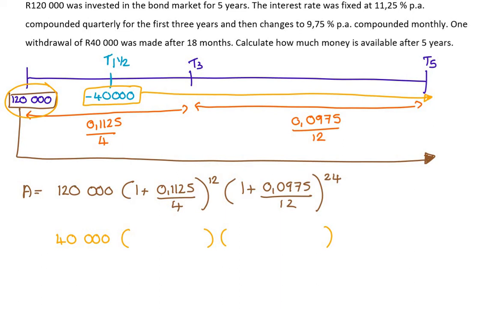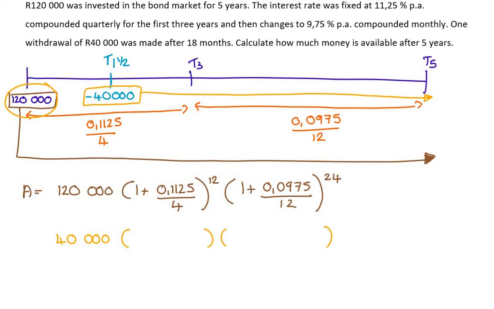It was never gaining interest because you withdrew it. So what we're doing is we're now moving 40,000 Rand to the end to find out what 40,000 Rand would be worth at the end of 5 years, because I must take that entire amount away, the 40,000 Rand and all the extra interest that it did not earn because it was removed.